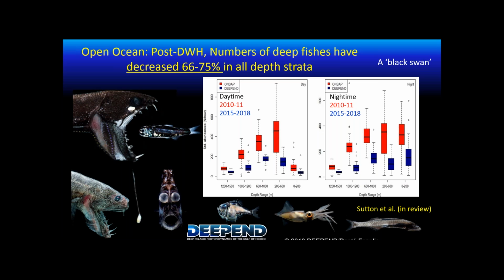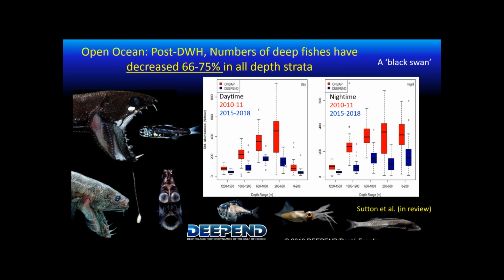So what you're looking at is the so-called ONSAP, the work that was done under NOAA, and these were basically looking at mocness trawls in the mesopelagic. And so what you see here are the depth ranges, and there are two time comparisons, one 2010 to 11, that is right after Deepwater Horizon, and then a later time period, 2015 to 2018.